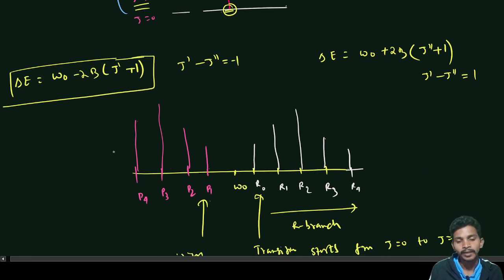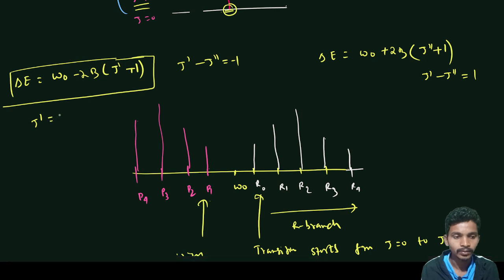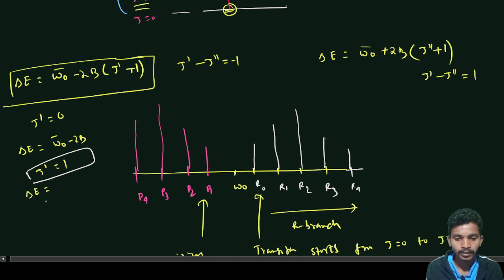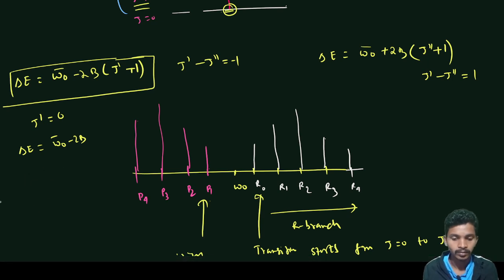Okay. So now, if I put the value of j, let's say j dash equal to 0, then delta E is equal to omega naught minus 2b, and whenever j dash equal to 1, then this value becomes omega naught minus 4b.